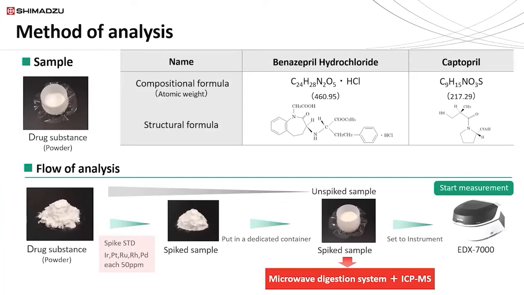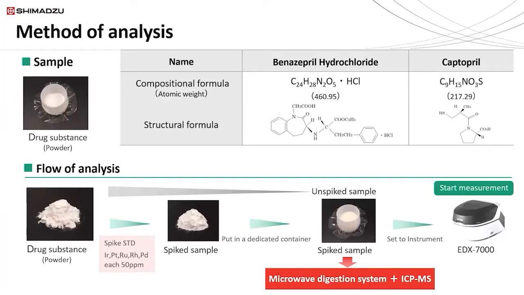Okay, so here's the API. It was benazepril hydrochloride. This is the example workflow: you had the API, benazepril hydrochloride, that we call the drug substance. We spiked it with ICP standards, the 5 elements you see, iridium, platinum, rhodium, etc., each at 50 ppm.